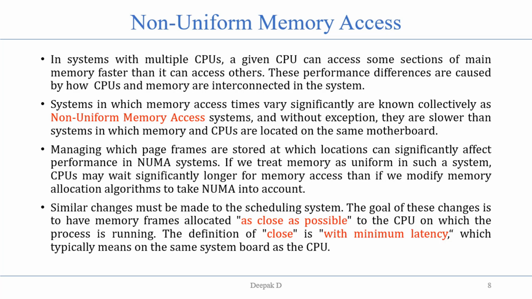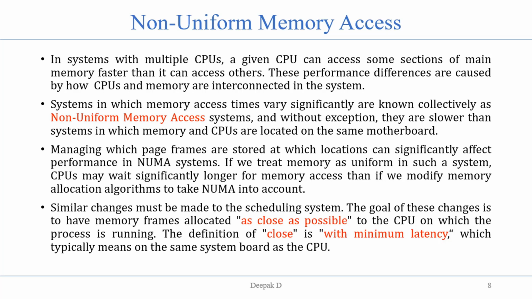These system boards are interconnected in different ways, from system buses to high-speed network connections. So the CPUs on a particular board can access the memory with less delay than the CPUs on other boards in the system.